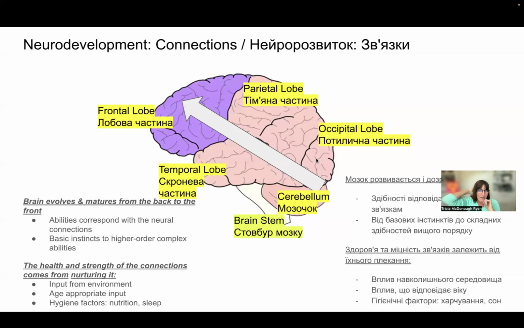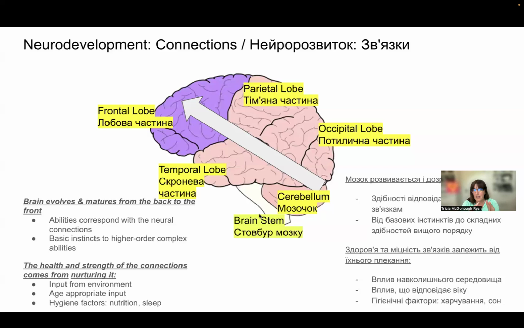And where the back, you'll recall the cerebellum, which is involved in our motor movement and coordination. And there are connections that go all the way up to the frontal part of the brain, which is where we are involved in the regulation, the planning, organization, the higher order thinking, the highest aspect of what makes humans different from non-human primates. And that there's also a connection from these lobes to the brainstem.